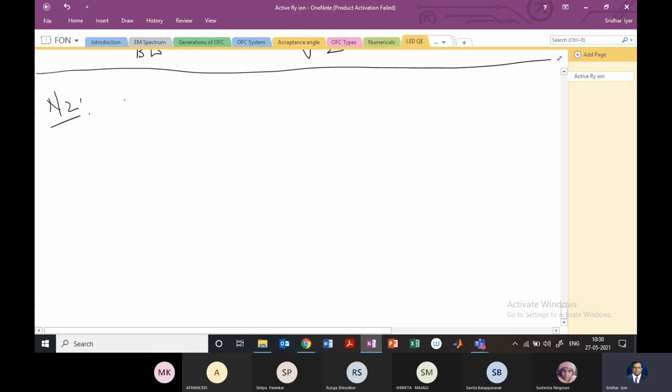Okay, so I'll just read out the question with the parameters. A double heterojunction LED operating at 1310 nanometer has radiative and non-radiative recombination times of 30 and 100 nanosecond respectively. That means the radiative lifetime tau r and the non-radiative lifetime tau nr are given to us as 30 nanosecond and 100 nanosecond.